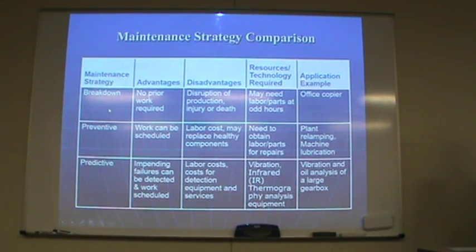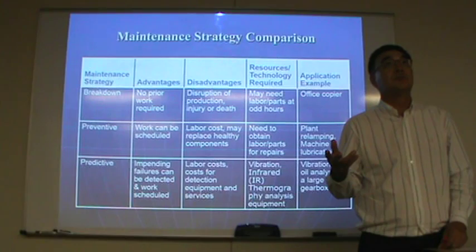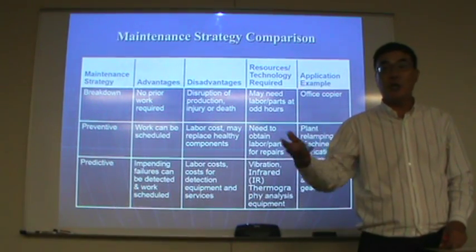Breakdown. When it breaks down, then maintenance. The advantage: no prior work. But the disadvantage: when it breaks down, we have to wait and then there is waste. And preventive, work can be scheduled, every month. It depends on the oil change.